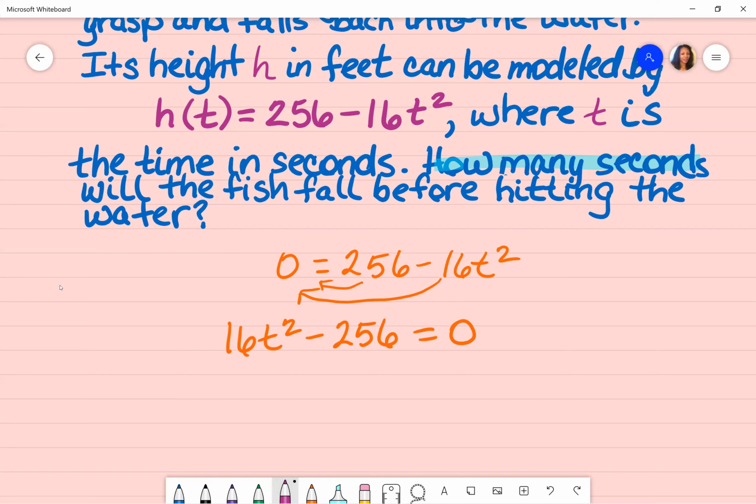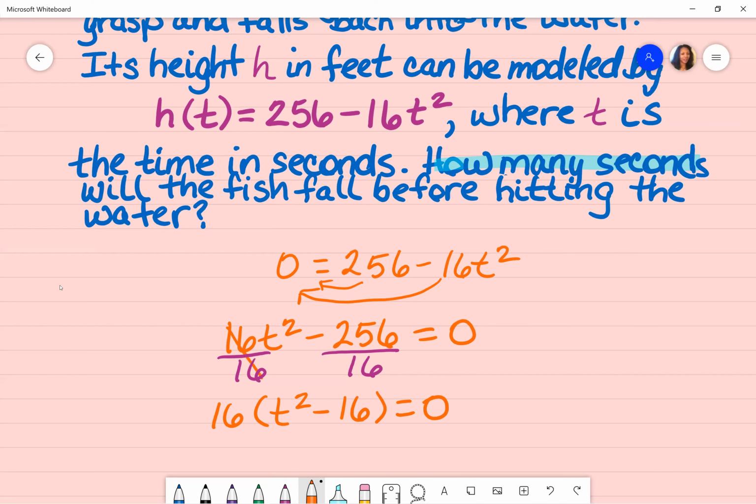I am going to use the method of solving by factoring. You can use other methods if that's what you choose to do. I see that it's already in standard form and I have a greatest common factor of 16. So I'm going to take that 16 and place it outside of my parentheses. What's left over is t squared minus 256 divided by 16, which is 16.